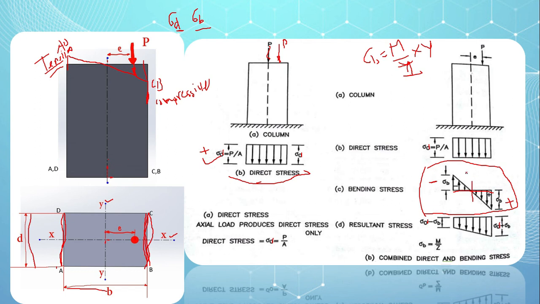So the overall effect, or combined direct and bending stress distribution diagram, can be drawn here. This sigma d compressive plus this compressive sigma b, so sigma d plus sigma b, and here this compressive and this tensile, so sigma d minus sigma b.